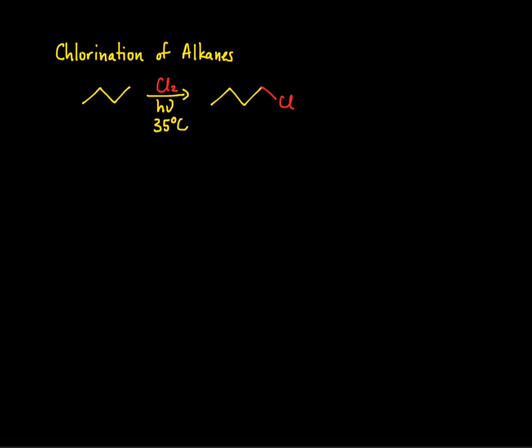And in this very simple scenario where I have butane reacting with chlorine, again in the presence of light at 35 degrees Celsius, I can get 1-chlorobutane, and I can get 2-chlorobutane. And the yields for these are 28% 1-chlorobutane and 72% 2-chlorobutane.